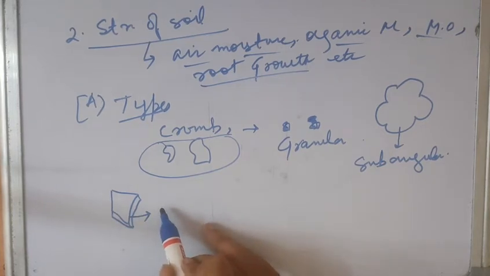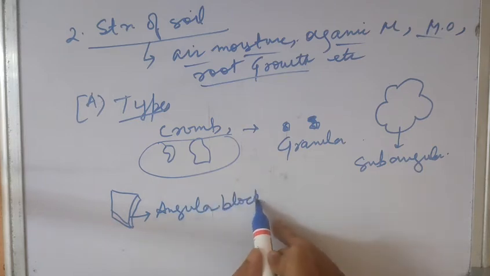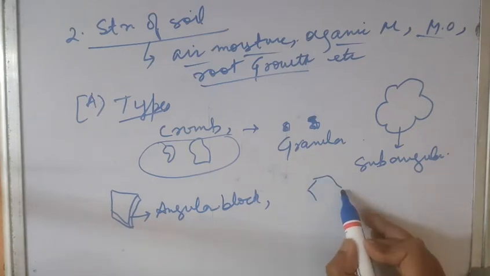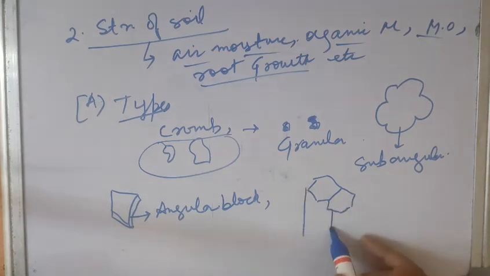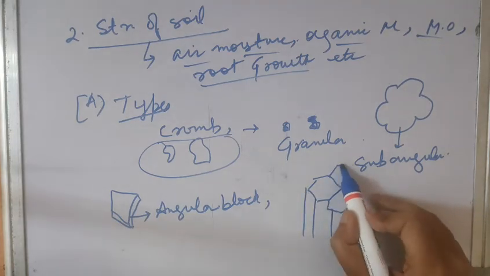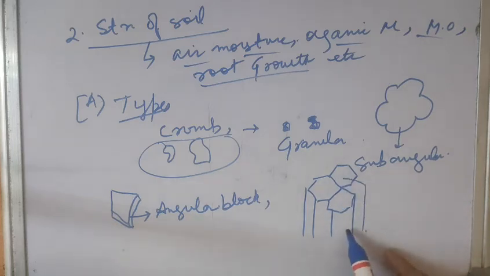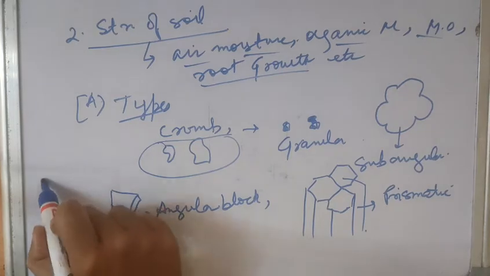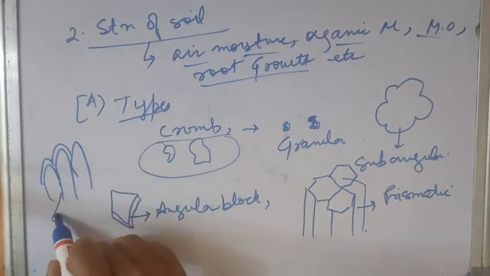We have prismatic, in the shape of a prism. We have columnar like this. This is columnar shape.